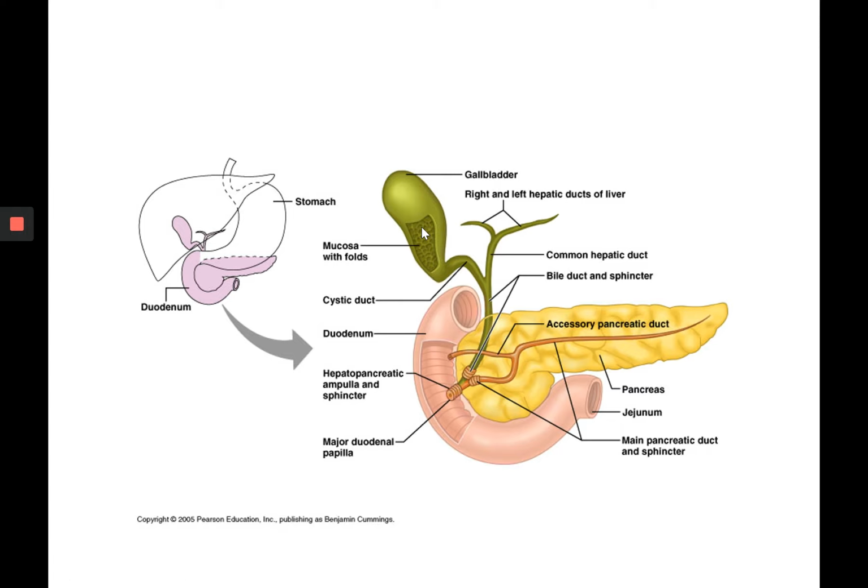The function of the liver is detoxifying. It also is able to make bile, and bile is not stored in the liver, instead it's stored in the gallbladder. So it's important to know that the liver makes bile, but the gallbladder stores it. So hence there are ducts that connect the liver to the gallbladder.